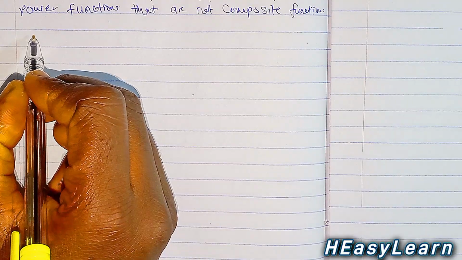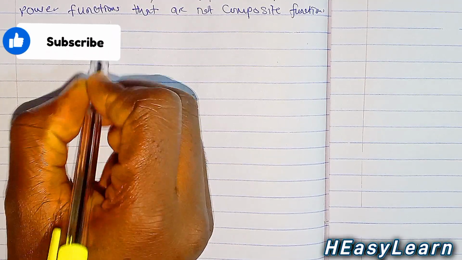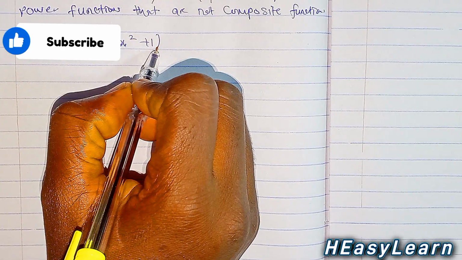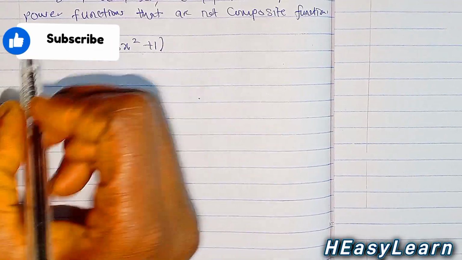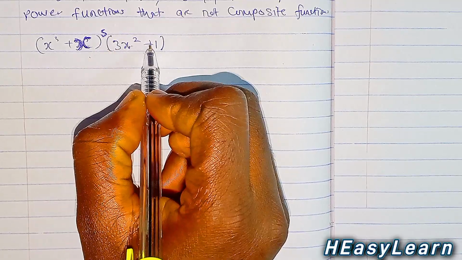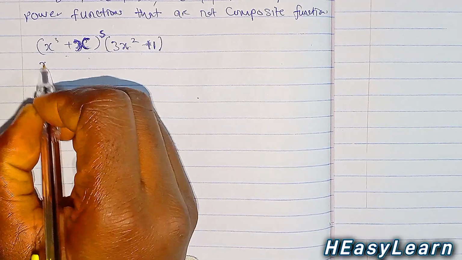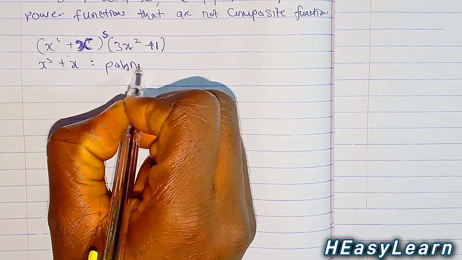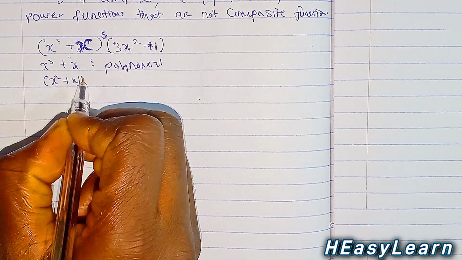But given a function of the form x to the power of 3 plus x, all to the power of 5, multiplied by 3x squared plus 1, to integrate this function, this is a composite function. x cubed plus x is a polynomial function, then raised to the power of 5.